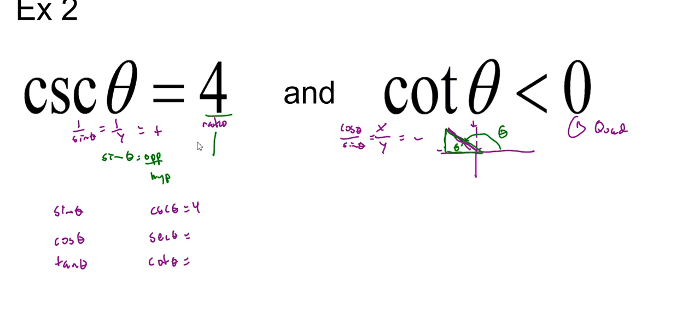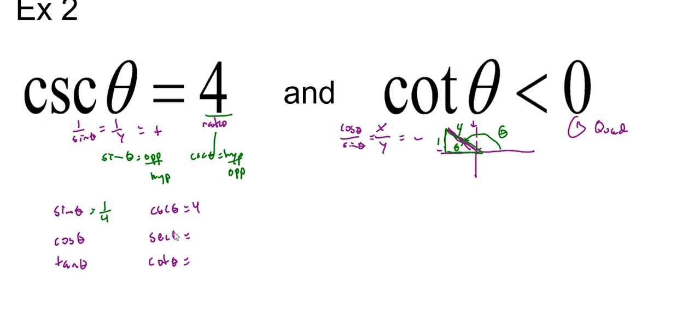And so cosecant is the reciprocal of that, which would be hypotenuse over opposite. So this is going to equal 4 over opposite 1. Well, that helps me out because that allows me to figure out what sine is. Sine is going to be the reciprocal of that, which would be 1/4.